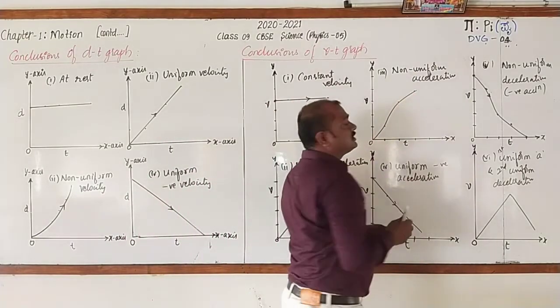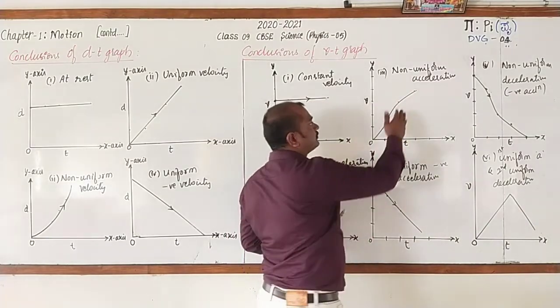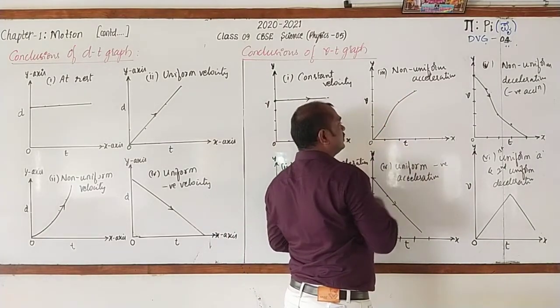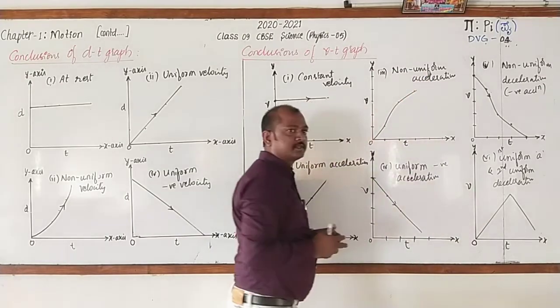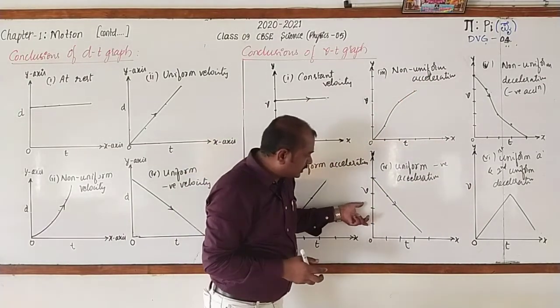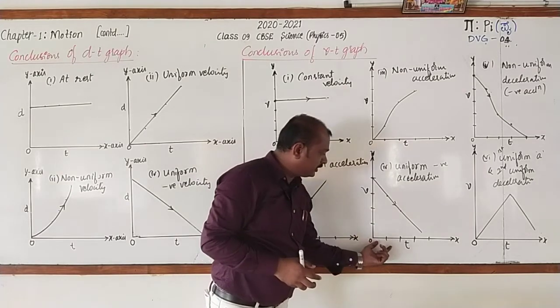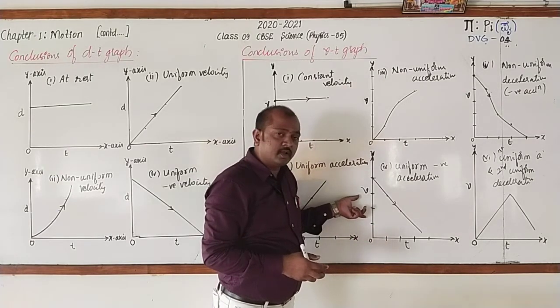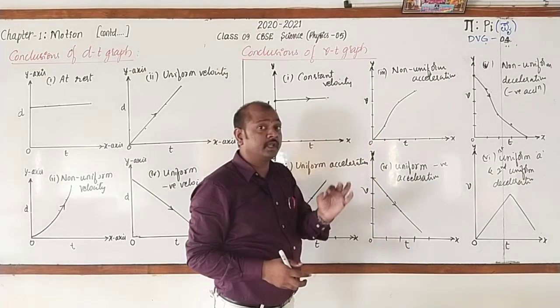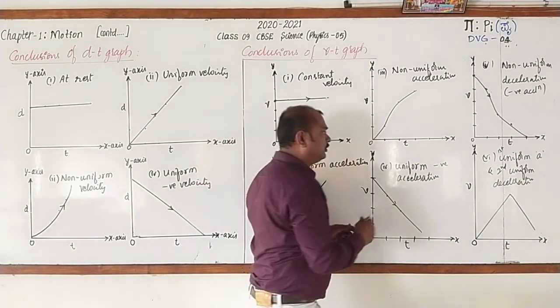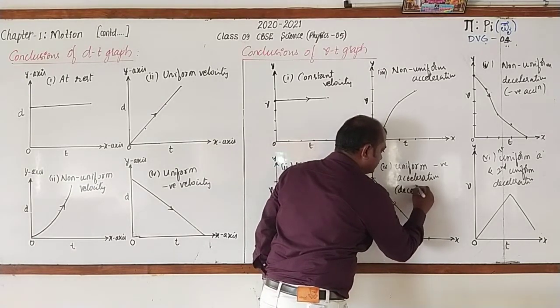Then change in velocity by not equal amounts in equal intervals of time is non-uniform acceleration. Here the decrease in velocity by equal amounts in equal intervals of time is uniform negative acceleration or uniform deceleration.